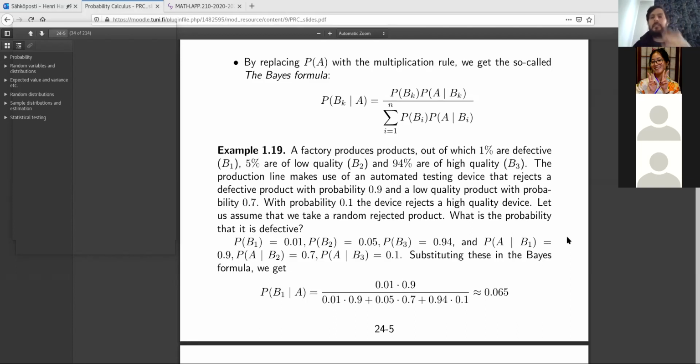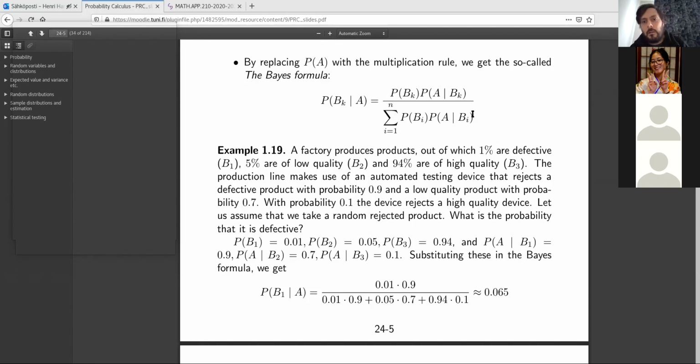If you look in the literature and find the Bayes formula, usually you express it like this: the probability of B under condition A is the probability of B times the probability of A under condition B, divided by the probability of A. This is the usual format in which Bayes formula is given with just A and B.